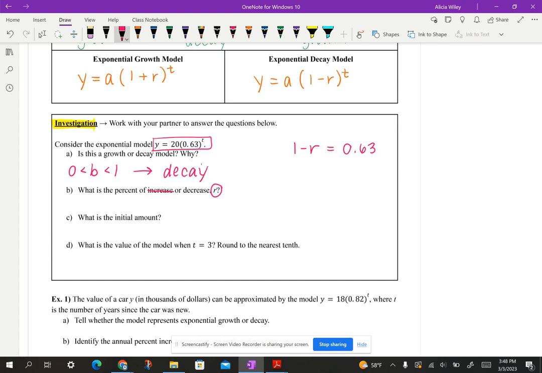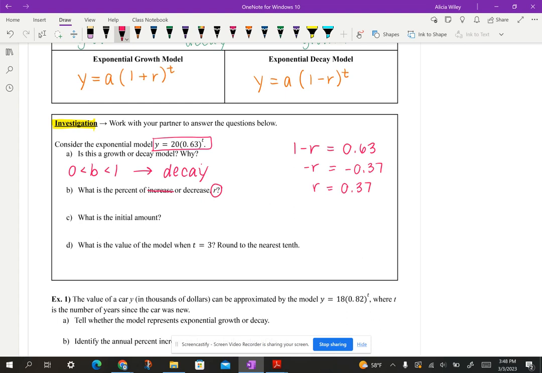If you wanted to solve this, you would subtract the 1 on both sides, so that'd be 0.63 minus 1, giving you negative 0.37. Divide both sides by negative 1, you get r equals 0.37.